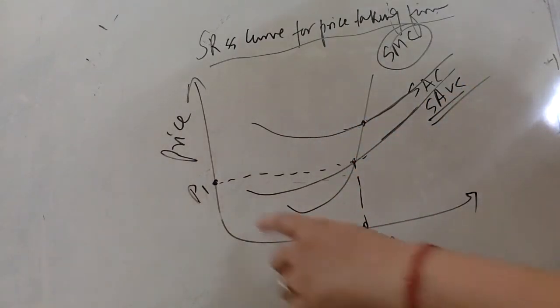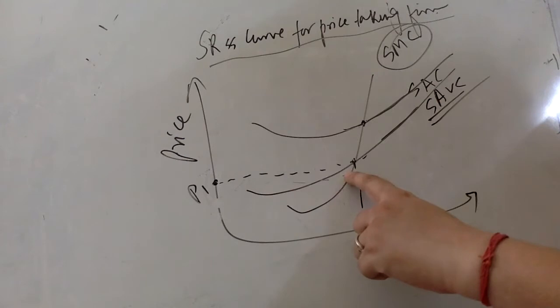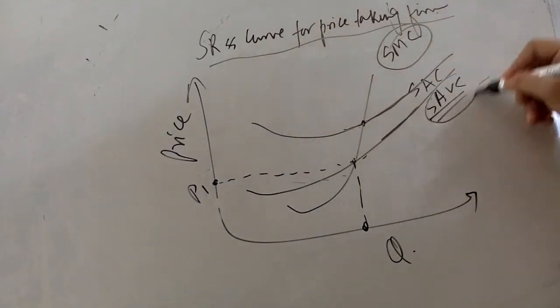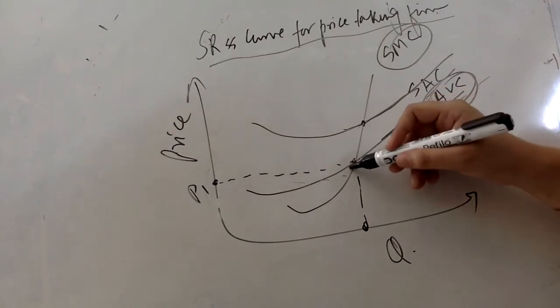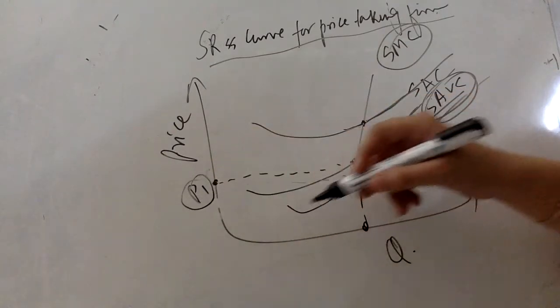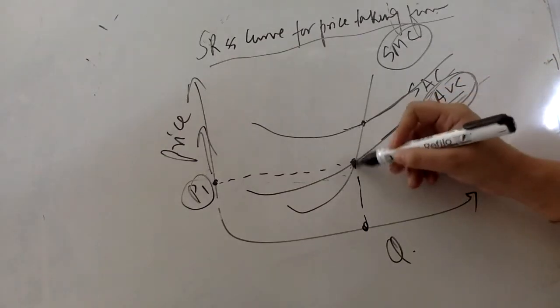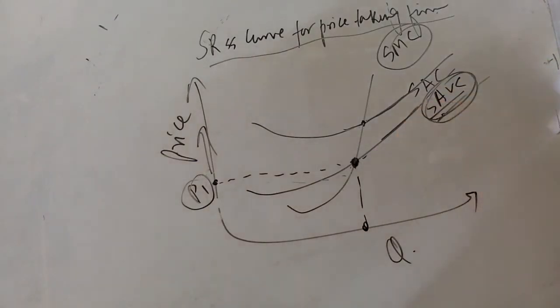If he produces there, he will incur a loss, and he is not even able to recover his short-run average variable cost. So the idea here is that at least he should be able to cover the short-run average variable cost. That means he will never charge a price below P1. He will always charge a price above P1 so that at least the minimum short-run average variable cost can be recovered.